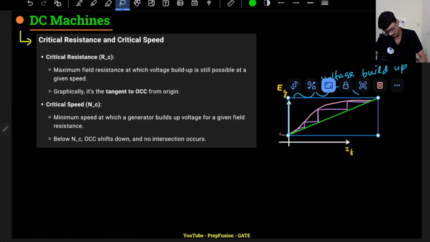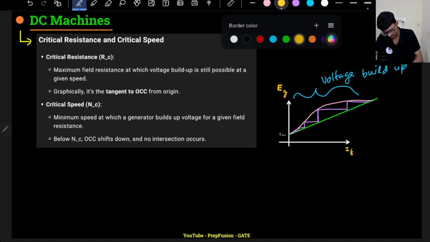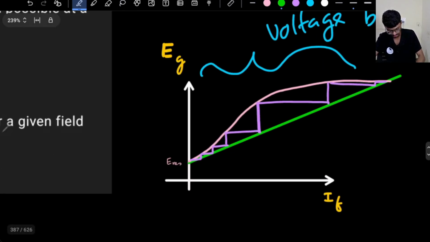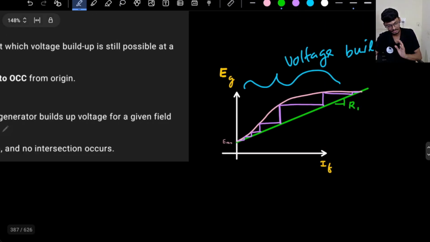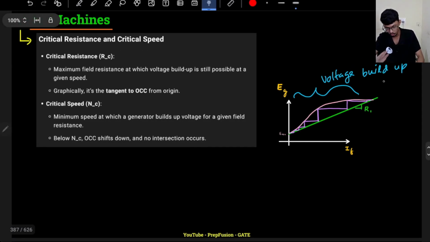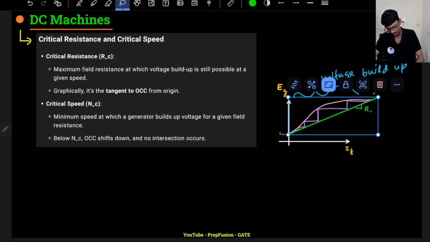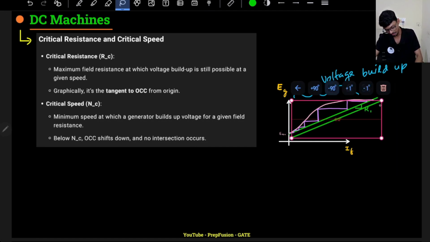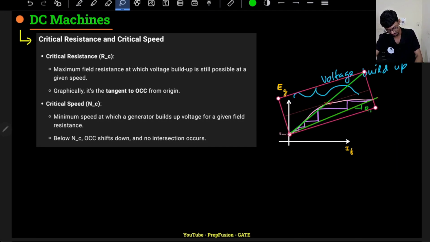This slope is my field shunt resistance slope, let's say R1. And if I increase my R1 further, what will happen? The slope will be further higher. So this straight line will rotate in the anti-clockwise direction, somewhat like this.